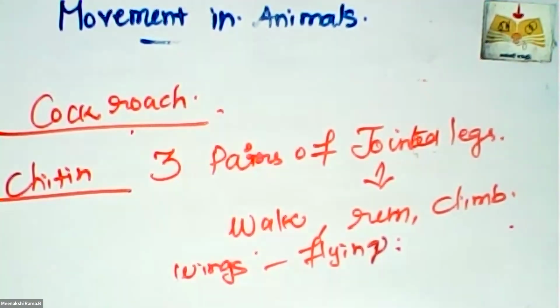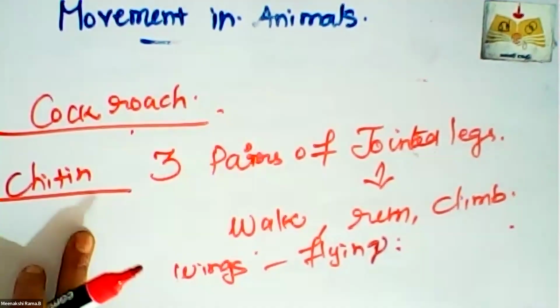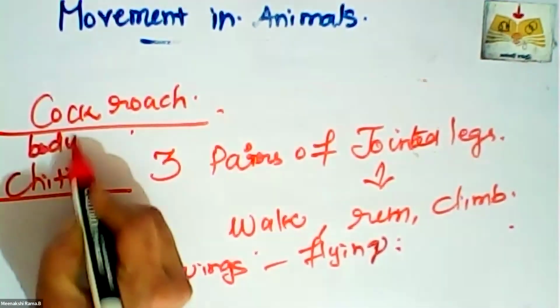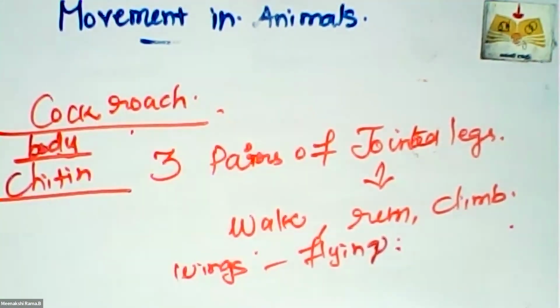In the earthworm it is chaetae, the bristles. And in the cockroach it is chitin, which covers the body. The chitin is a light protective material. The chitin is shed regularly so that the body can grow.